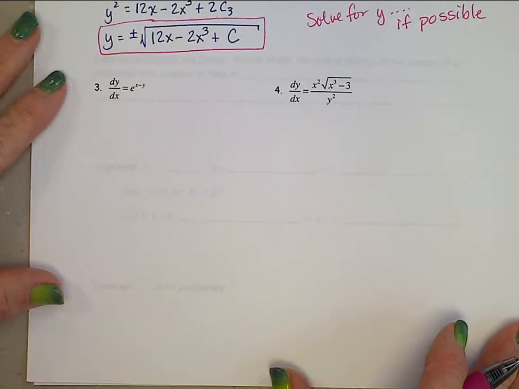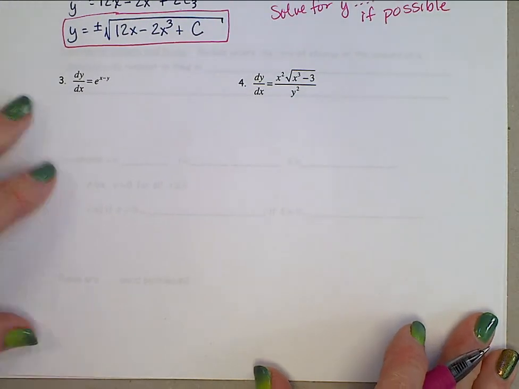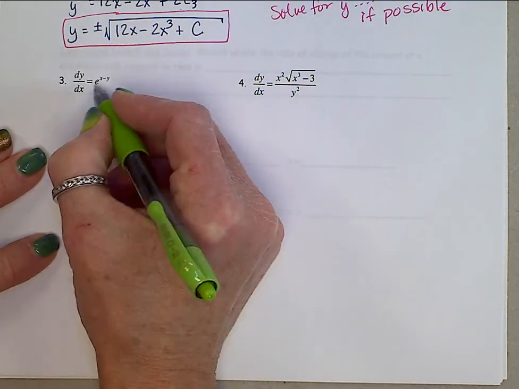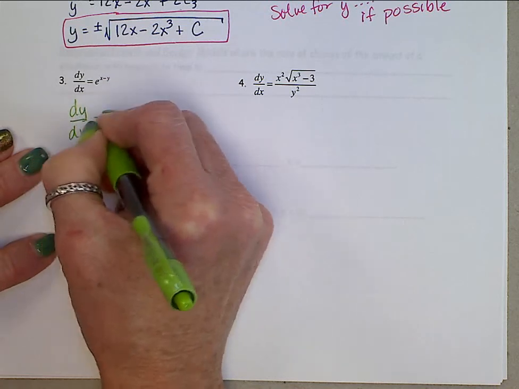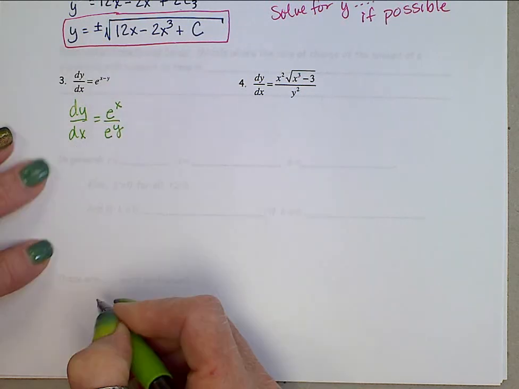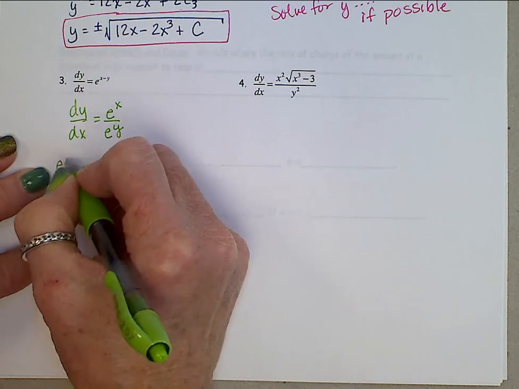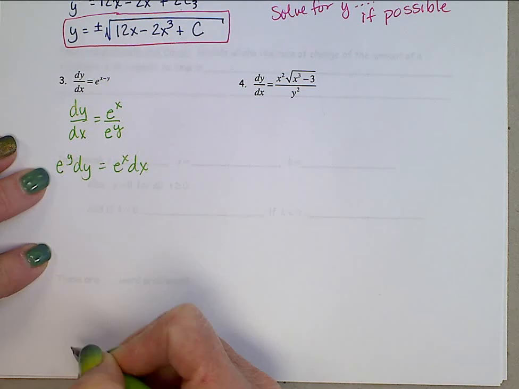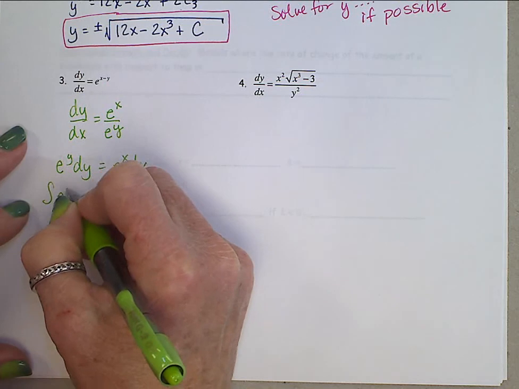Looking at this third one down here, dy dx is e to the x minus y. We are going to have to rewrite this e to the x minus y as, how about e to the x divided by e to the y? Then we can separate out those variables. e to the y dy is e to the x dx. Do an antiderivative on both sides.